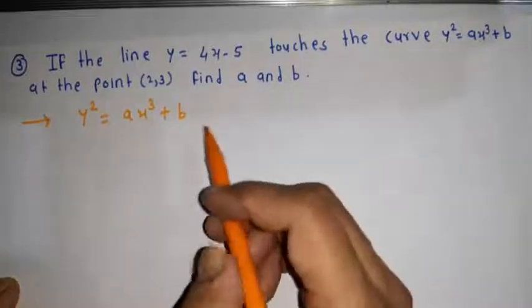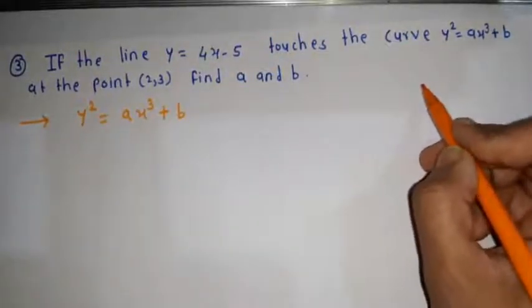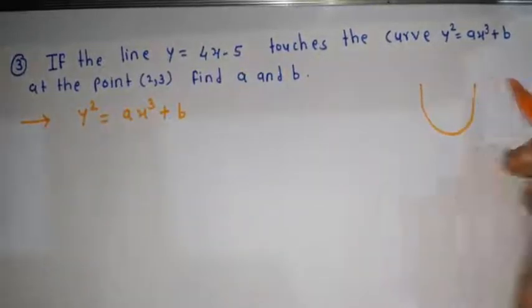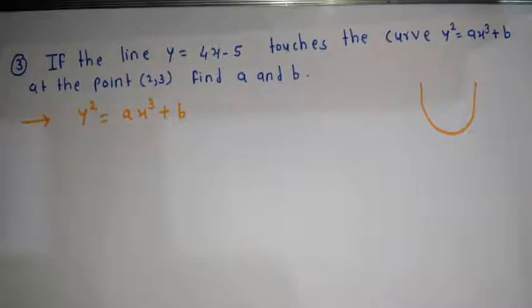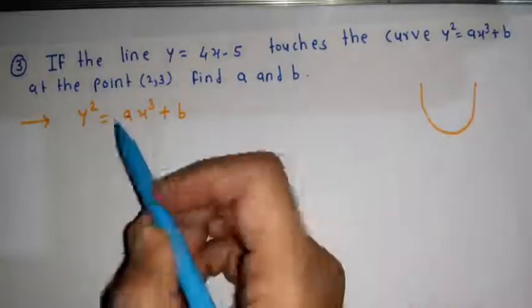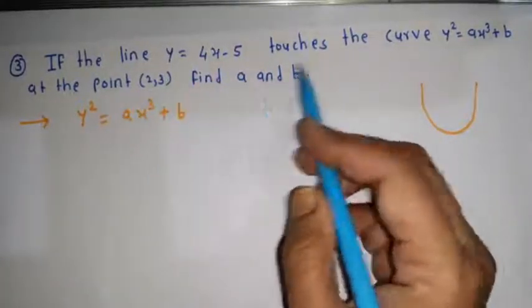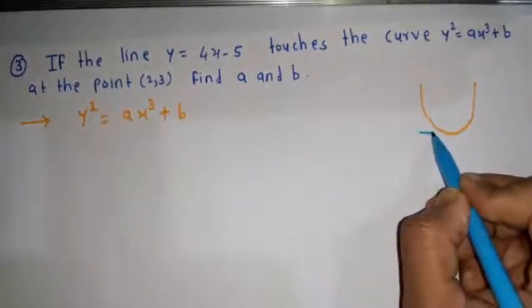Okay, suppose roughly to understand, I draw the rough diagram. See here students, suppose this is the equation of curve, y square equal to ax cube plus b, and the line, suppose this line touches at the point.